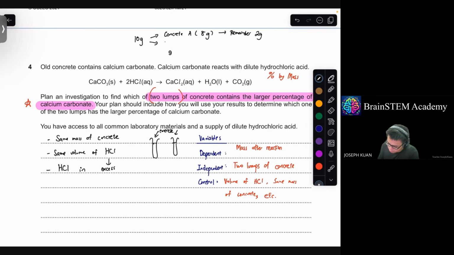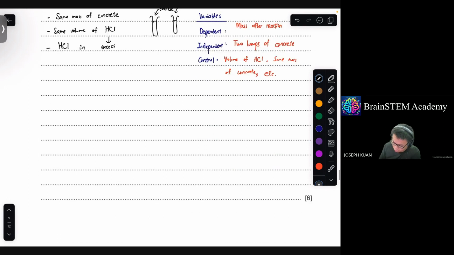And then if concrete B has less calcium carbonate in it, let's say 5 grams, the remainder will be 5 grams. These are unreacted solids. So you can pretty much set up a before and after the reaction situation, right? So before versus after.